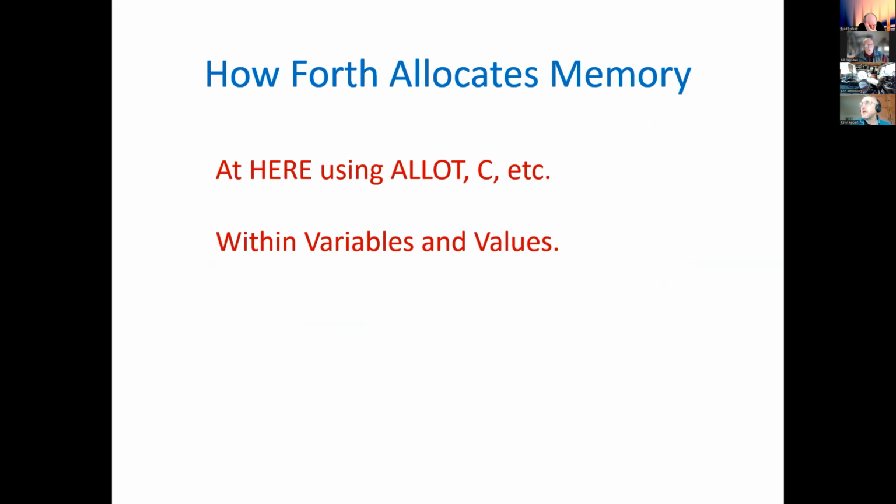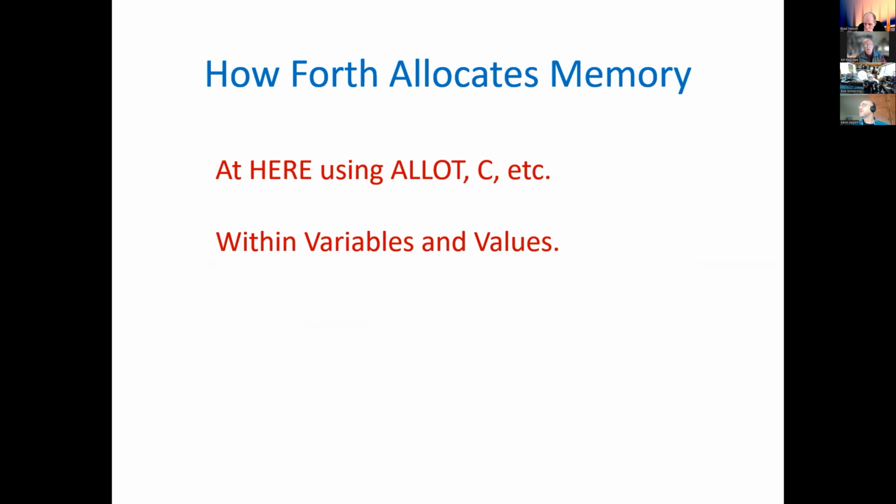So the current way that Forth allocates memory is that the most common way is that you can extend the dictionary with some reserved space by here. So you would use allot to add extra space. Things like C comma will add a character, comma will add an integer value, F comma will add a floating point, and so on.